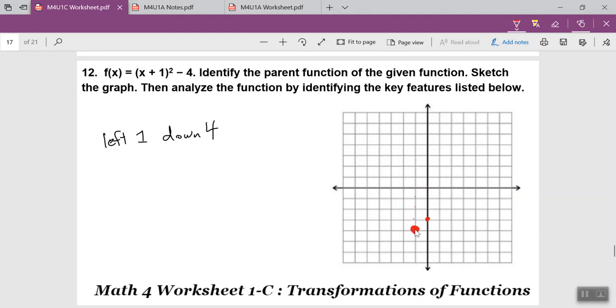Go back to the beginning. Over 2, up 4, 1, 2, 3, 4, bang. Go back to the beginning. Over 1, 2, 3, up 1, 2, 3, 4, 5, 6, 7, 8, 9. And then I'm just going to come over here to the left side and do a mirror of what I'm seeing on the right side. And then I can draw that.